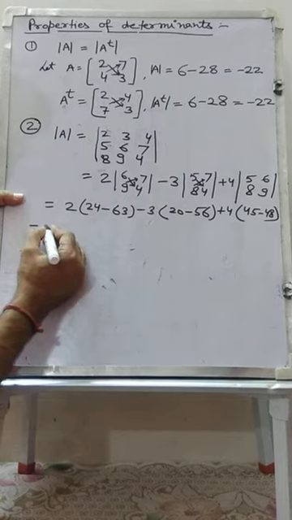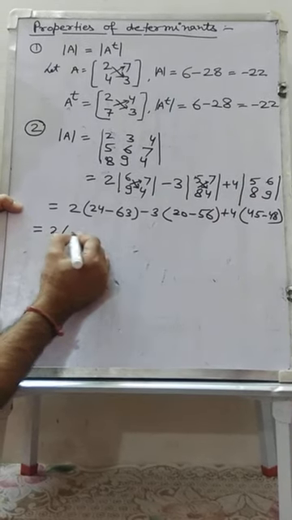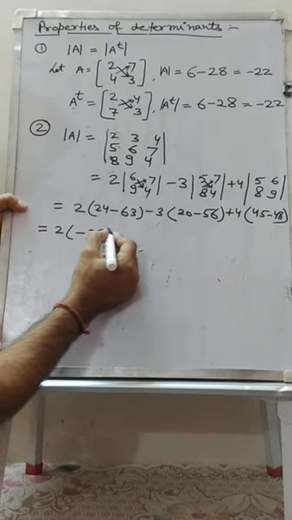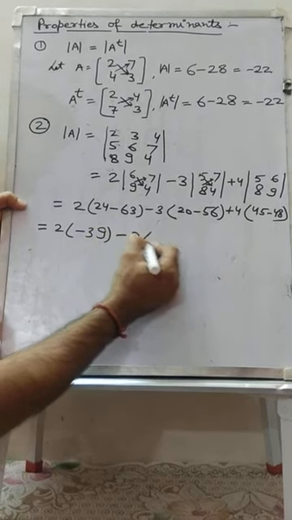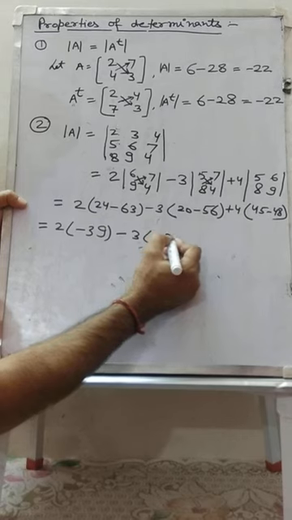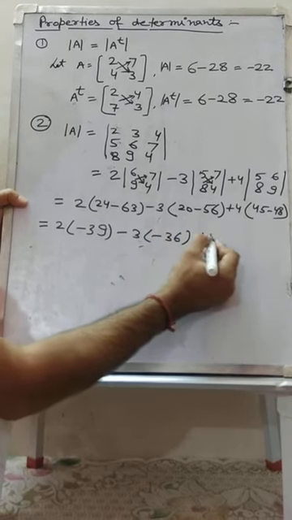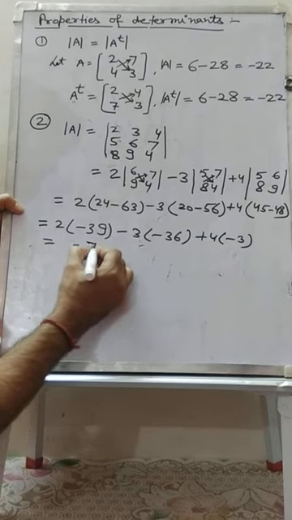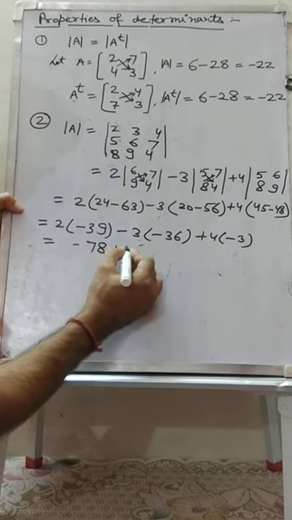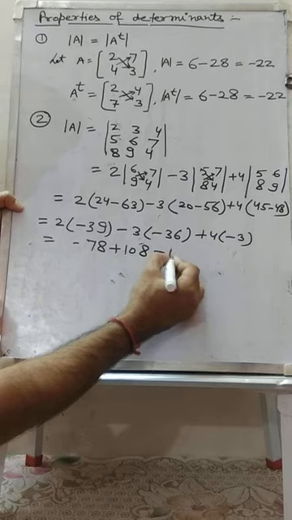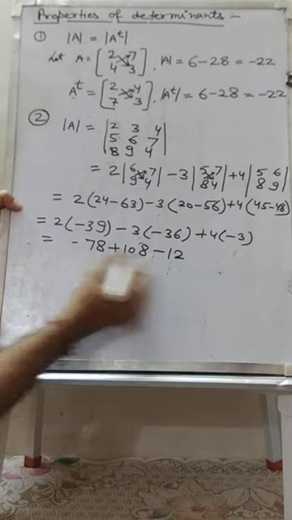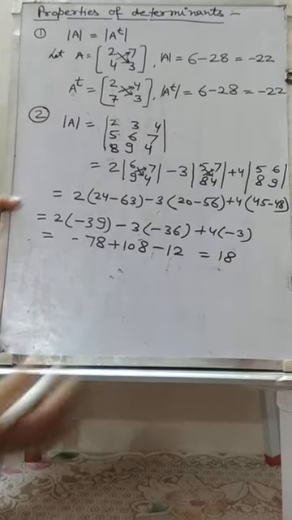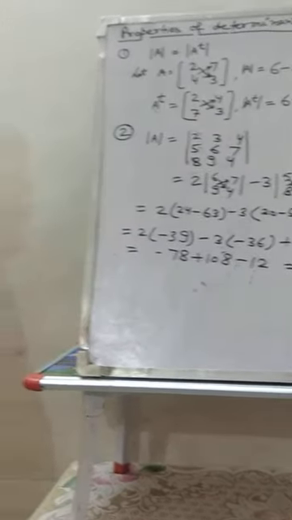So this is equal to 2 into minus 39, minus 3 into minus 36, plus 4 into minus 3, which means minus 78 plus 108 minus 12. This is 18, so the value of the determinant is 18.